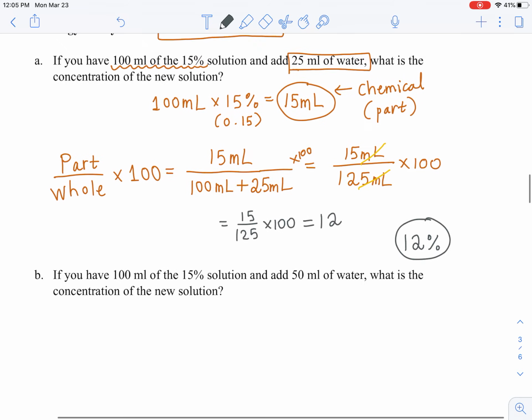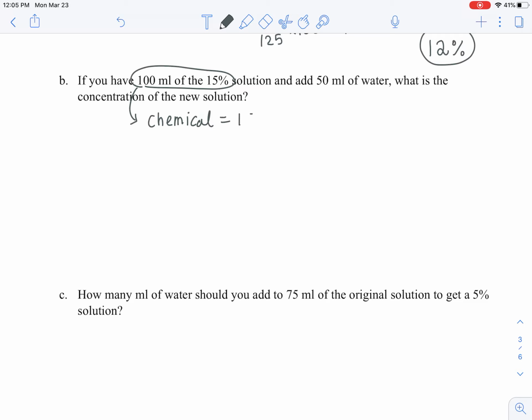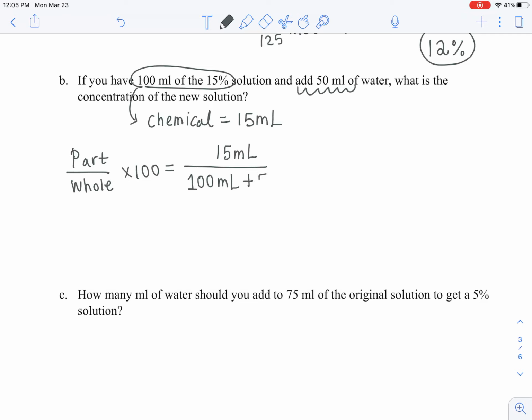Alrighty, let's keep going. Now, if you have 100 milliliters of 15% solution, same scenario, the chemical is 15 milliliters. But this time we're adding 50 milliliters of water. So let's do part over whole times 100 one more time. The part is still 15 milliliters, but the whole: we used to have 100 milliliters of this solution, and we are adding 50 milliliters of water.